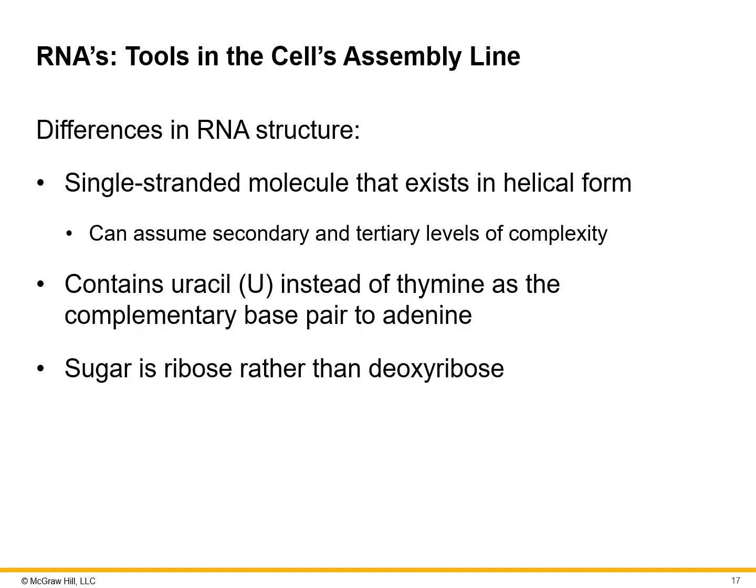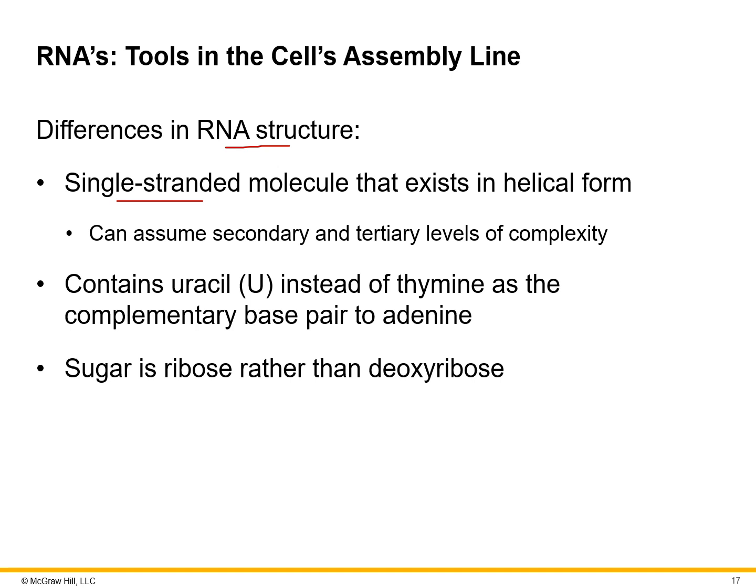So then RNA, again, just a little structural difference to DNA. DNA is deoxyribonucleic acid. RNA is ribonucleic acid. And there are a few key differences between DNA and RNA. RNA is single-stranded, so it's one nucleotide strand. So it's not double-stranded.